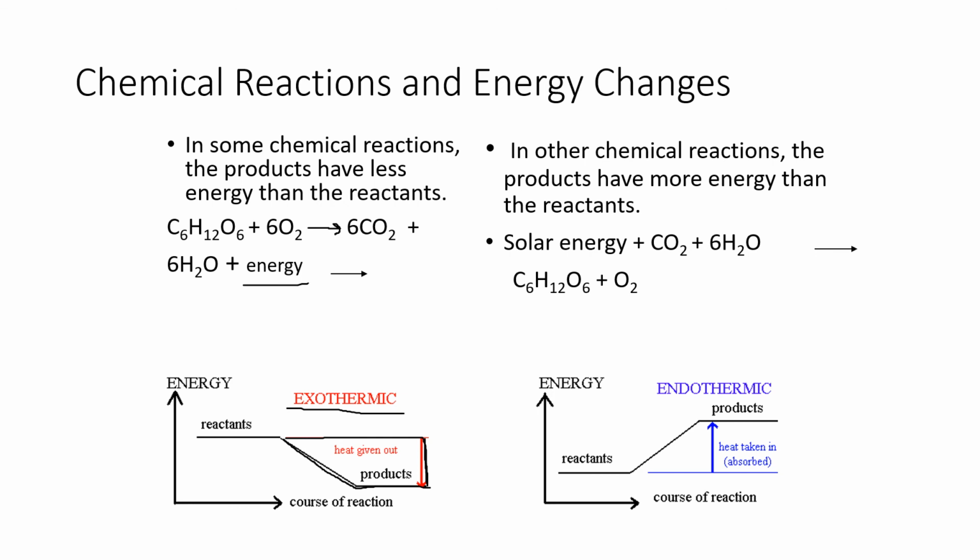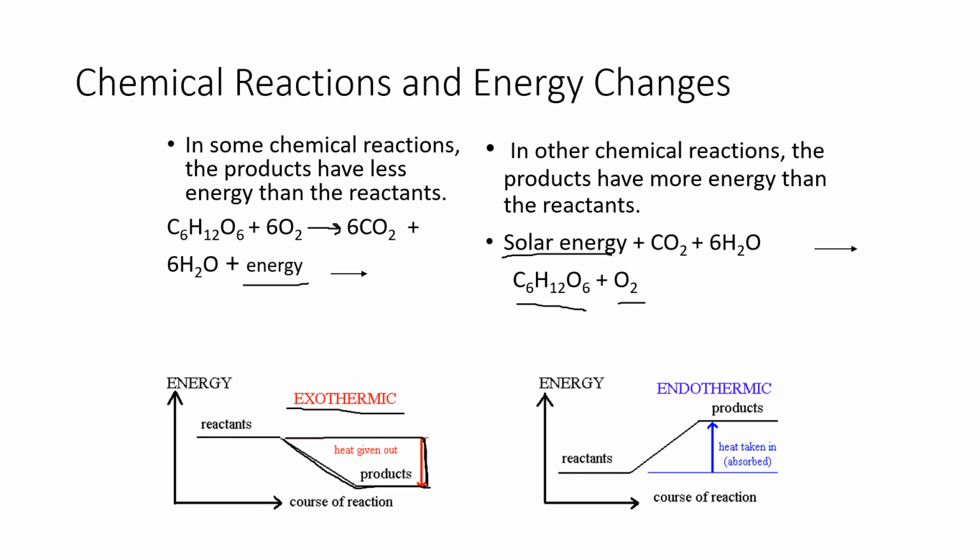On the other side of the spectrum, the production of glucose and O2 requires solar energy. So plants use solar energy, CO2 from the atmosphere and water to produce glucose and oxygen.